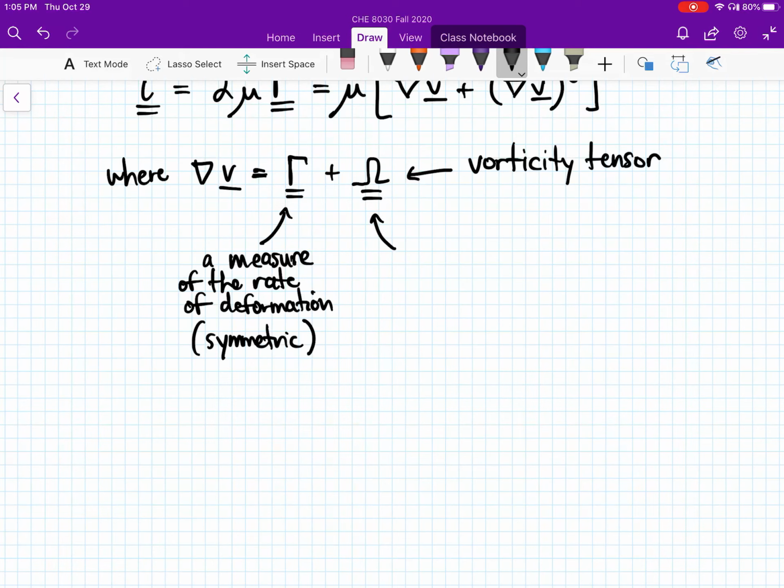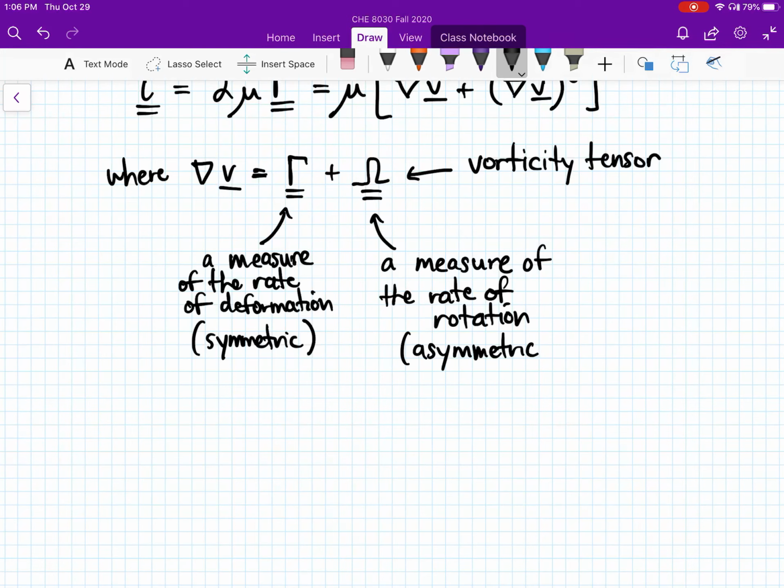And my vorticity tensor gives me a measure of the rate of rotation. That rate of strain tensor is a symmetric tensor. That vorticity tensor is an asymmetric tensor.